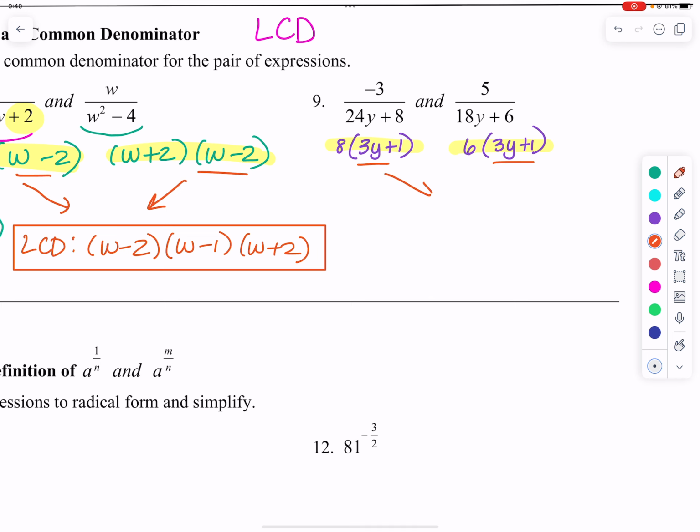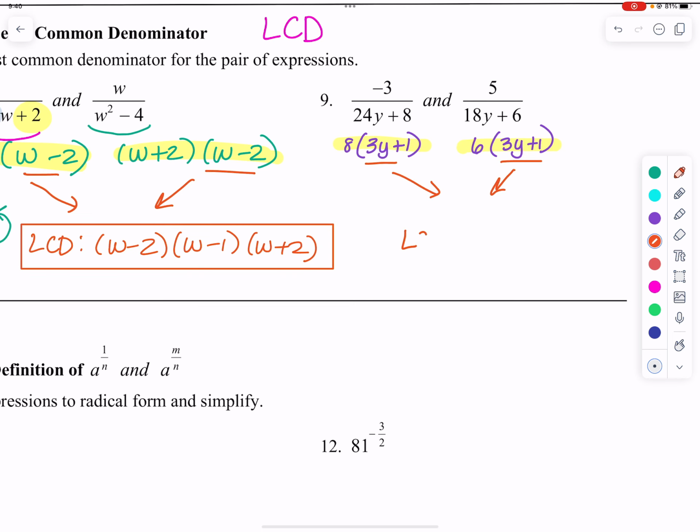So that LCD, we would just write 3y plus 1 down once. And then what do you know? A 6 is a 3 times 2, and an 8 is a 4 times 2. So they do have a 2 in common, so we only write that 2 down once, and then of course we write a 4 and a 3.